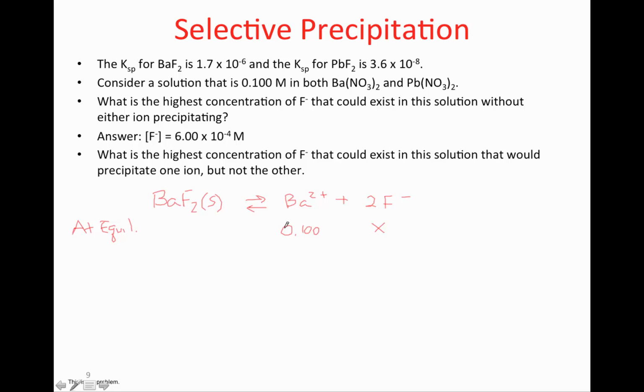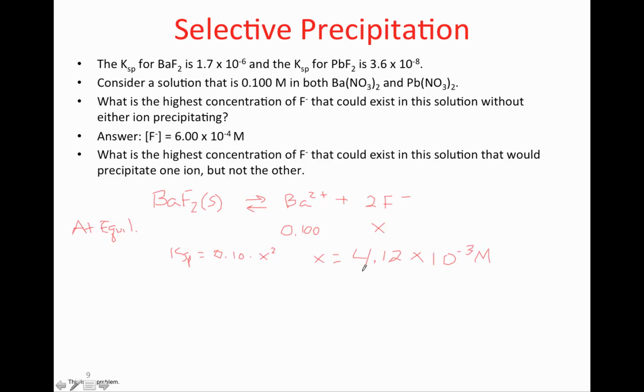Well, this is really a question: if I were at equilibrium, what's the highest concentration of fluoride I could have in this solution? And so I'm going to say KSP is equal to 0.1 times X squared. Now X is equal to, KSP for barium fluoride is 1.7 times 10 to the minus 6. I'm going to divide that by 0.1, take the square root, and I get 4.12 times 10 to the minus 3 molar.